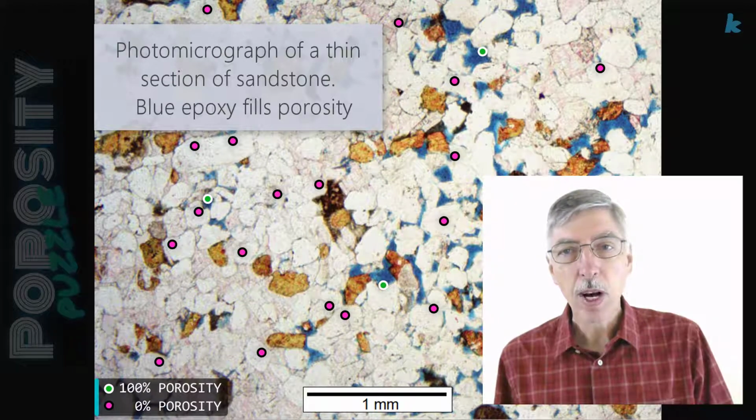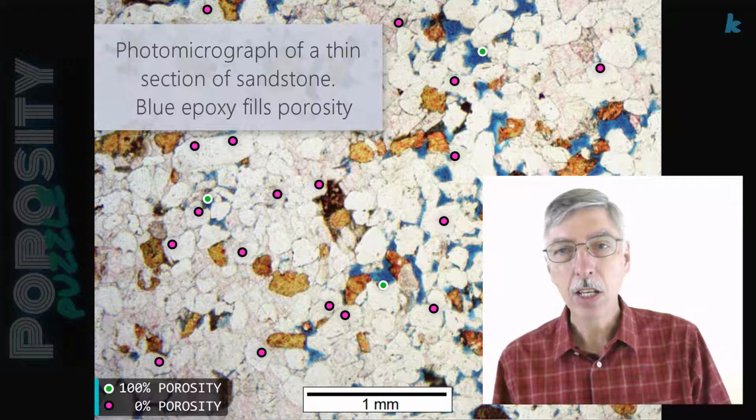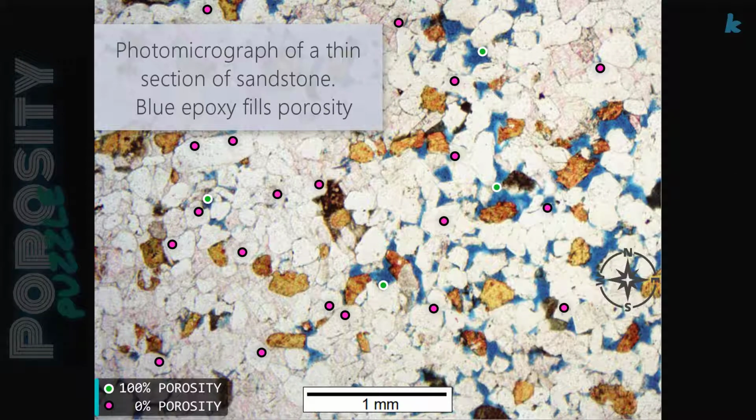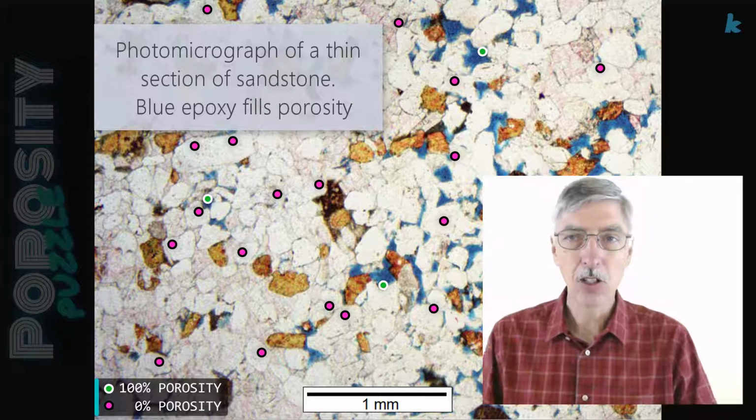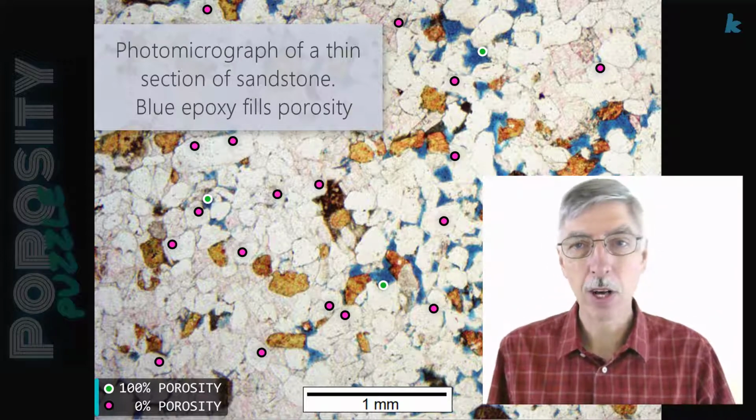So that's where I've gone in and done my sampling. And you can see that the wells that I've drilled in here that are shown with the black circles have hit quartz grains or lithic fragments, and the white circles have come in and hit the blue epoxy areas. So that's what's defining 0 or 100% porosity.